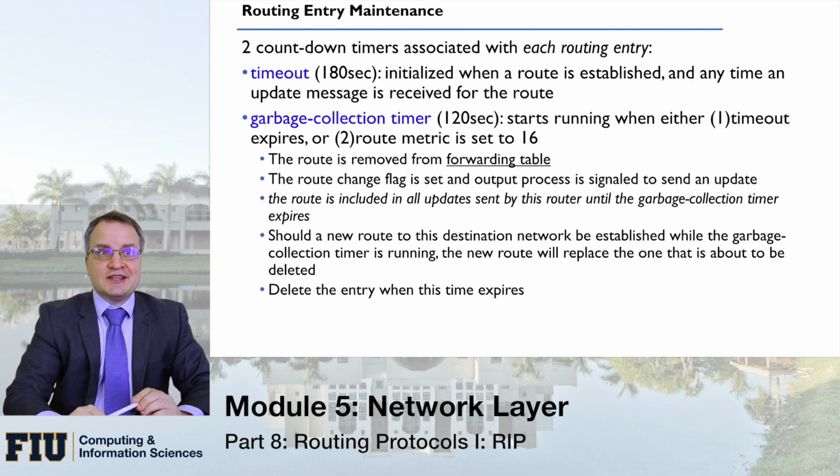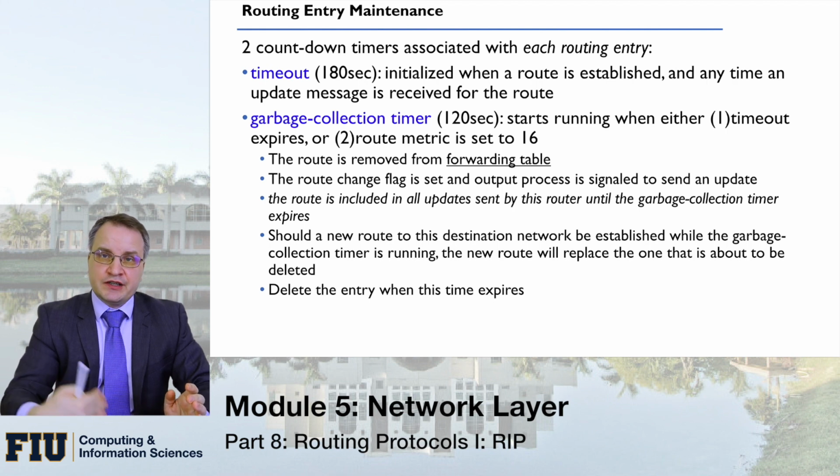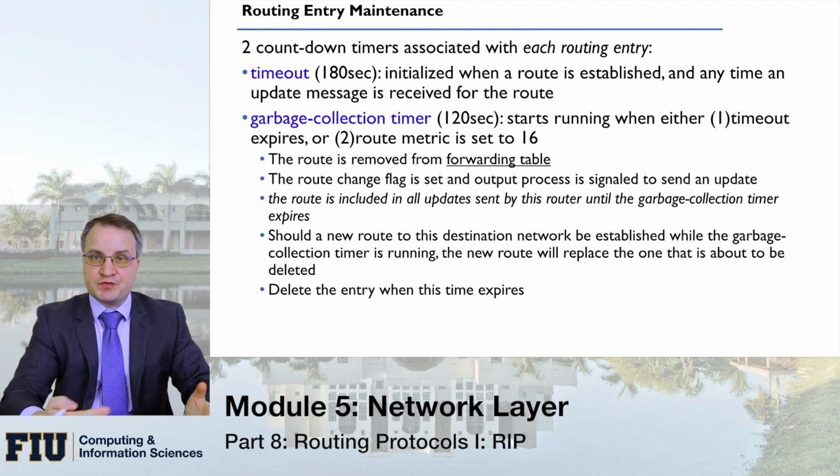Okay, so as I said, there are a few more timers, and actually there is one more timer, a garbage collection timer. When you declare someone dead, you actually don't immediately remove that information. The reason for that is poison reverse. You still want to notify others for a certain period of time that you cannot reach them.